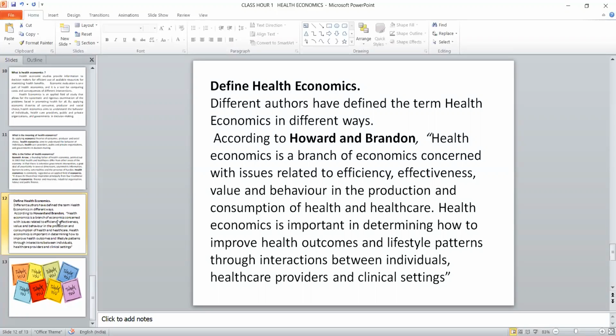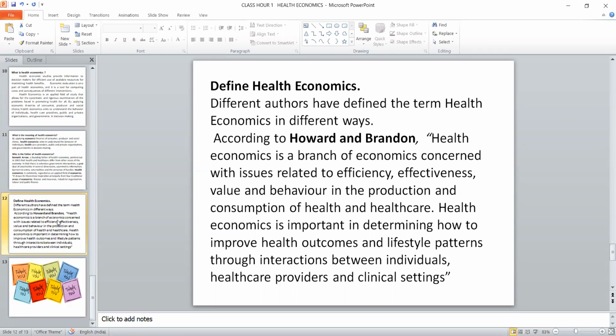Based on this definition, we should say what the importance of health economics is. Health economics is important. Why? It determines how to improve the health outcomes and lifestyle pattern through an interaction between the individual and the healthcare provider, and how they can reach that based on the clinical setting. So I will repeat the definition again.